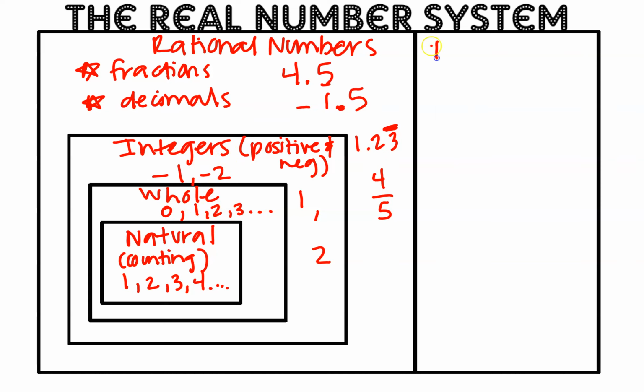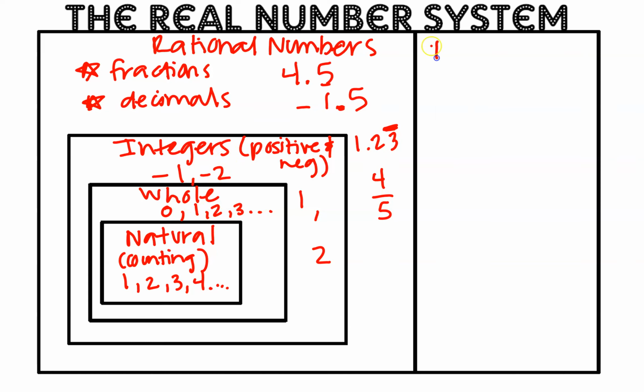So here we have a decimal that never ends, but it does have a pattern because it just keeps repeating, right? Or we can say 25, 25, 25. They have a pattern.